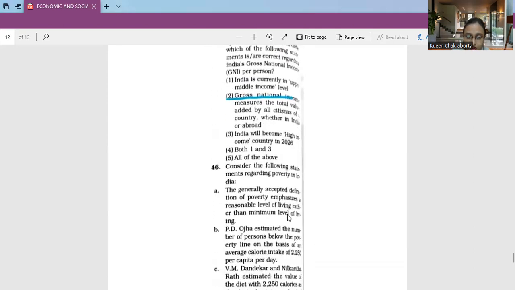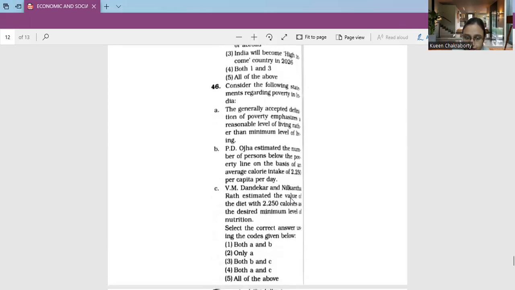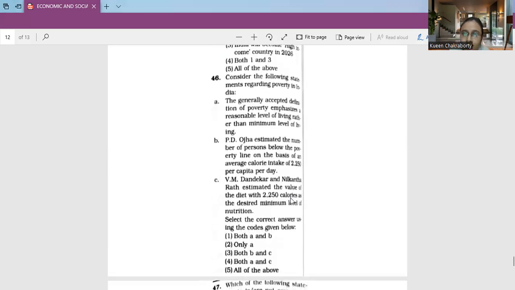Next, question number 46. Consider the following statements regarding poverty in India. A, the generally accepted definition of poverty emphasizes a reasonable level of living rather than a minimum level of living.